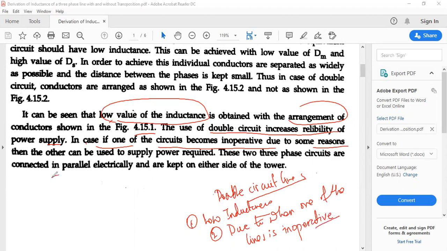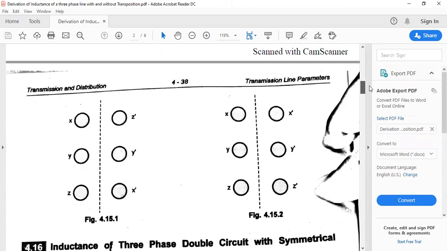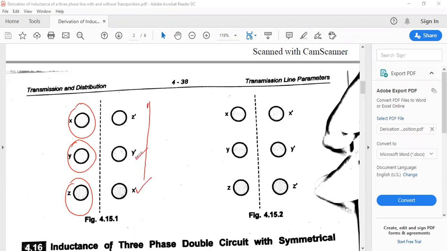These are the conductors connected in parallel and kept on either side of the tower. Let me draw the system. You can see x, y, z, and then the positioning of the conductors done in such a way that it is x dash, y dash, and z dash.